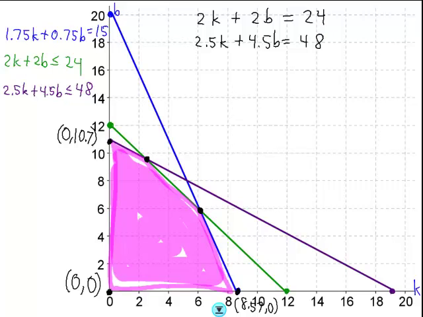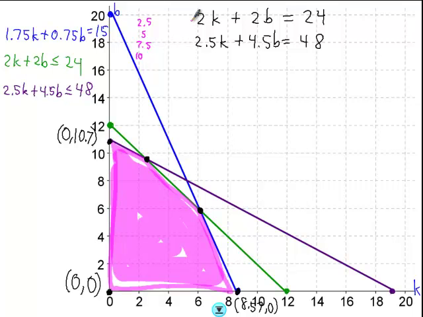We're going to multiply these two equations by numbers that will let us eliminate. I'm going to try to eliminate the k's, and I'm going to think of a number that 2.5 and 2 go into. If I count by 2.5, it's 2.5, then 5, 7.5, and when I get to 10, 2 and 2.5 go into 10.